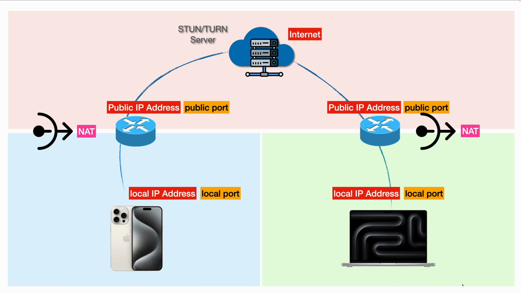Then how can these two devices communicate with each other? Immediately, some people may think of port forwarding. Yes, port forwarding relies on NAT to open a port on the gateway so that the local device behind the gateway can communicate with the outside world directly.